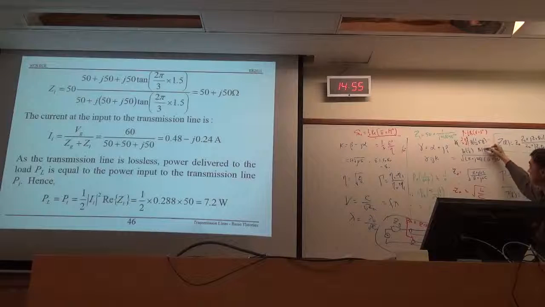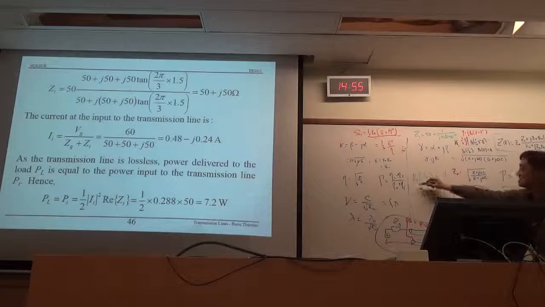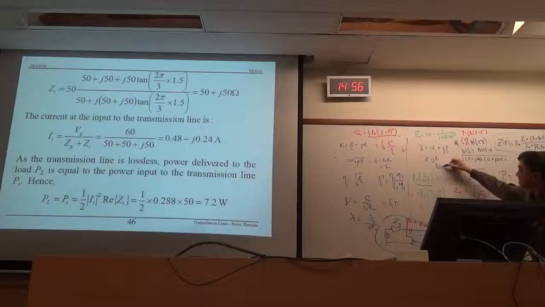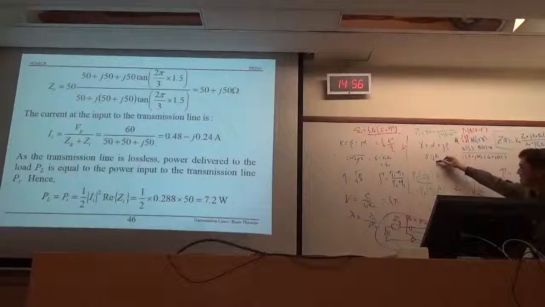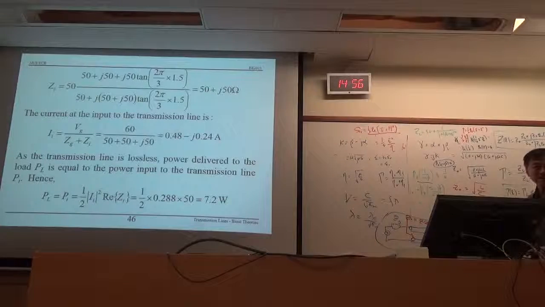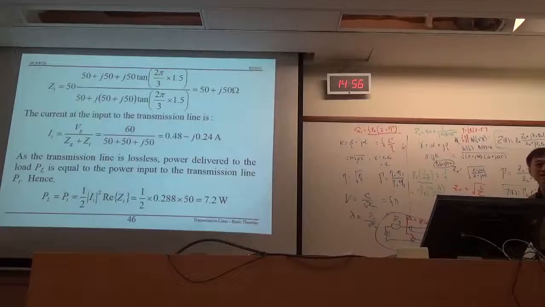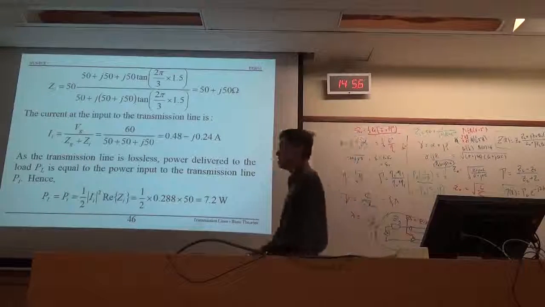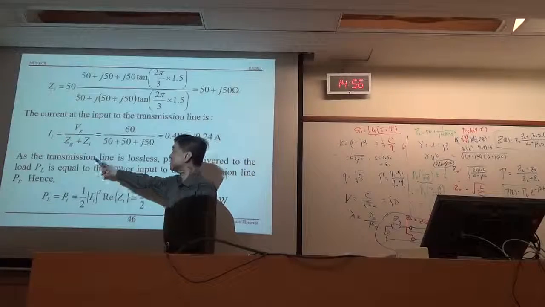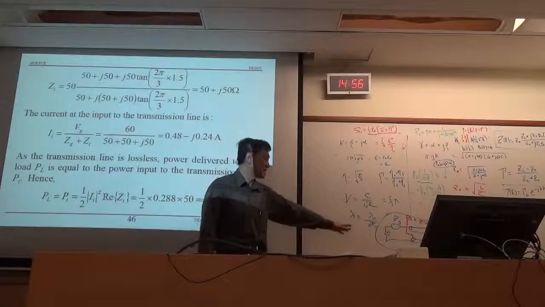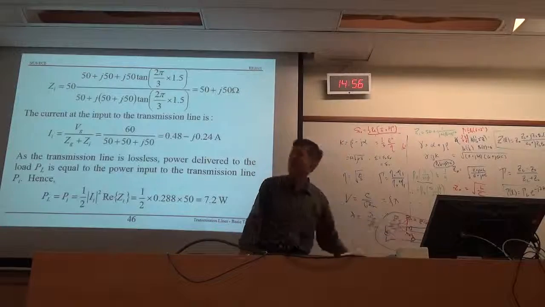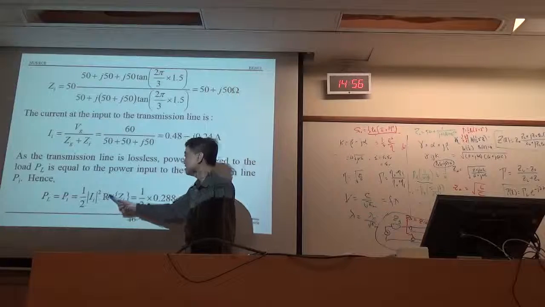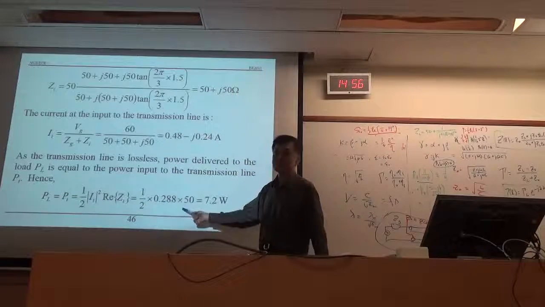But the real part of Z is equal to A. The real part of the complex number A plus jB is just equal to A. So you see that this guy is just smart. He finds Ii in order to find the power, instead of finding Vi. So you find Ii, and then the power going to the load is half I squared times the real part of Zi. So this straight away.